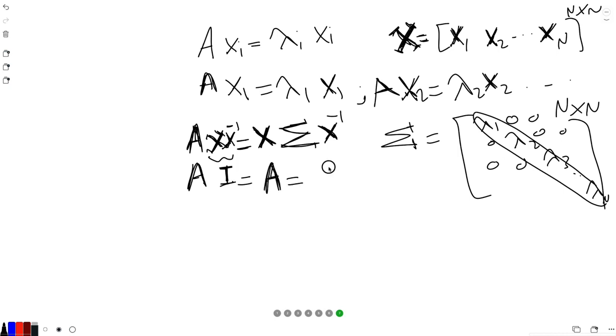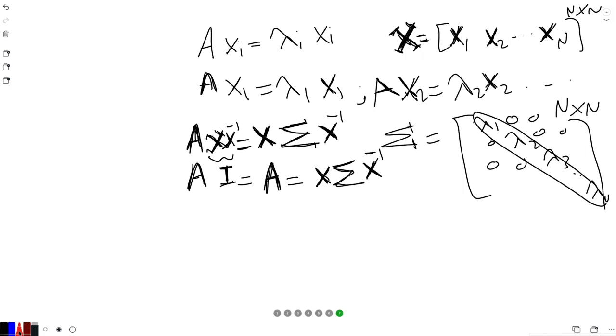So A equals X times the diagonal matrix with the eigenvalues times X inverse. Actually, this beautiful equation is one of the most important equations in linear algebra.